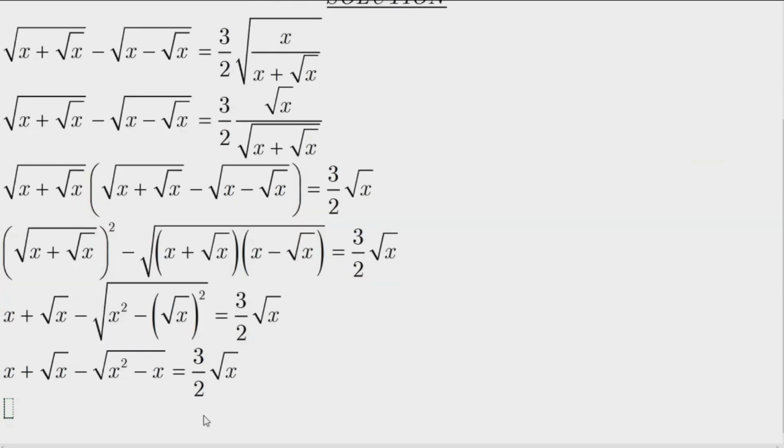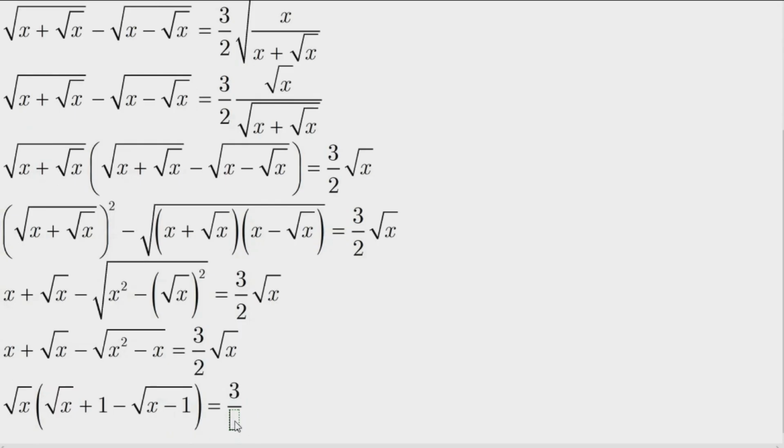Alright, so what we are going to do next, we will factor square root of x from the left hand side of the equations. So factoring square root of x, then this will be square root of x plus 1 and minus, then this can be written as square root of x minus 1. Alright, and that's equal to 3 halves times square root of x.